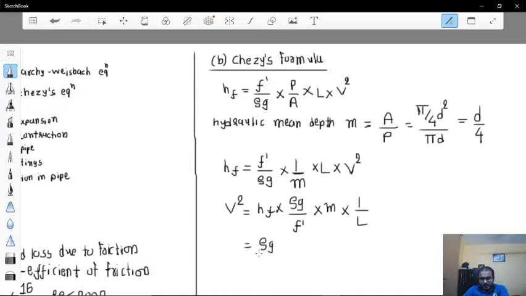Rho g upon f prime multiplied by m multiplied by hf upon L.